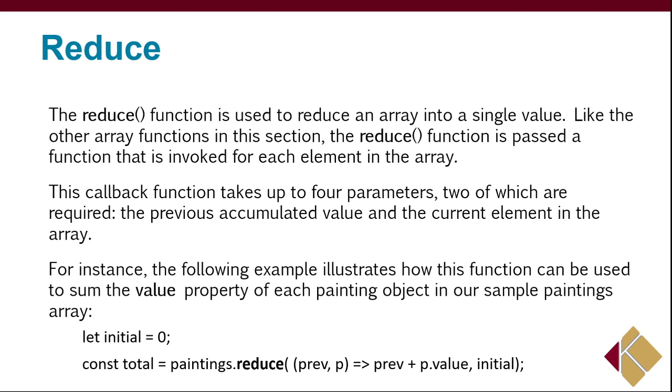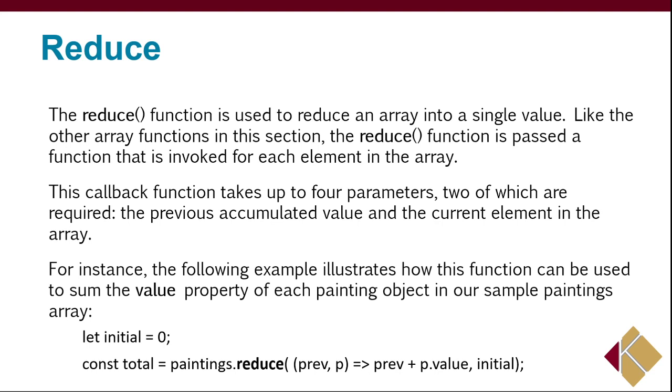Like the others, it is a method, so it's going to take a function and pass it, and what it does is basically return a value. So think about this in terms of if you have a numerical amount that you need to add, or you could also append strings to it, right?